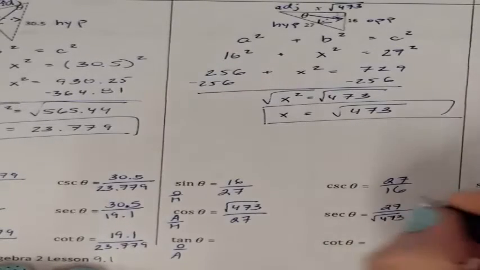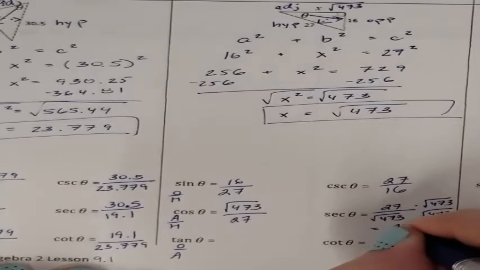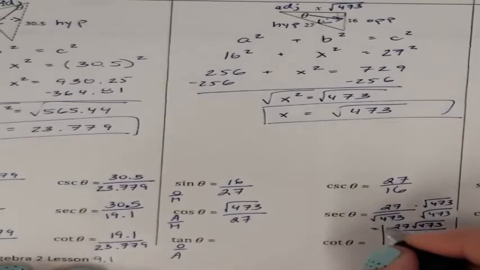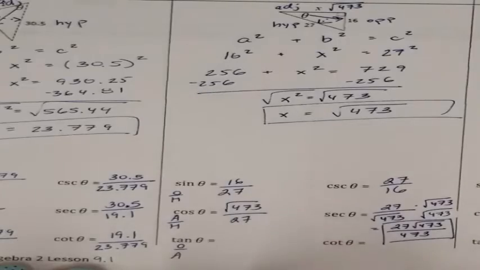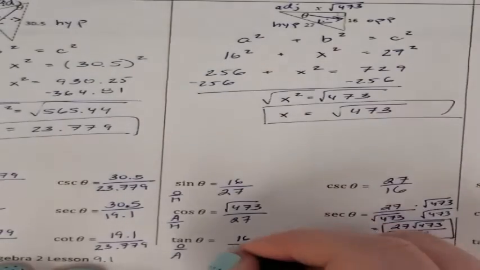Because the radical is in the denominator, that means both of these are going to have to be rationalized. So my answer is 27 square root of 473 all over 473. Now tangent, I need my opposite, which is 16, all over my adjacent, which is the square root of 473.